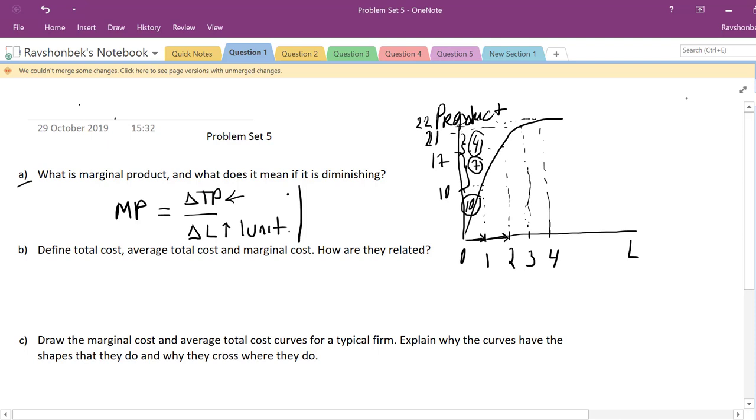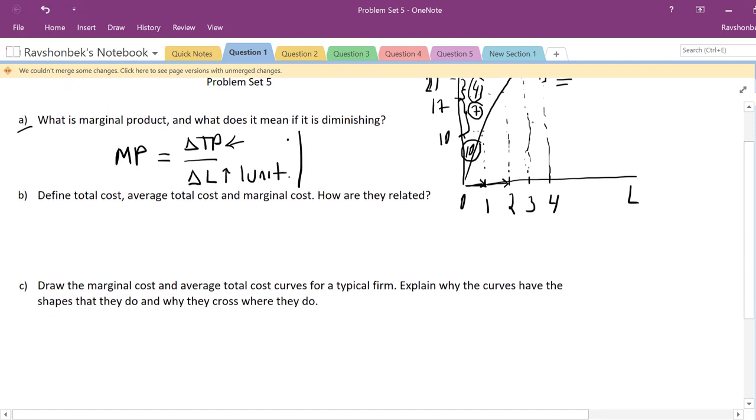We're holding the capital fixed in this case, and we're adding labor. The marginal product of adding the 4th person is basically 1 extra unit. So marginal product is diminishing as a result. This is what we call diminishing marginal product: the additional units produce fewer units than the previous additional units of labor.